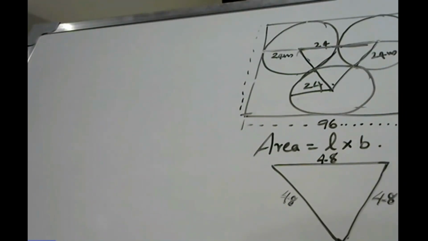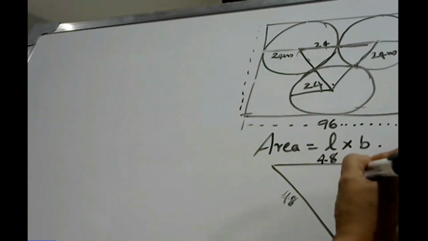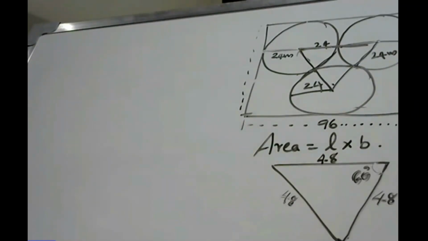For an equilateral triangle, each angle will be equal to 60 degrees. That is a property of an equilateral triangle. Okay, so I got this angle to be 60.